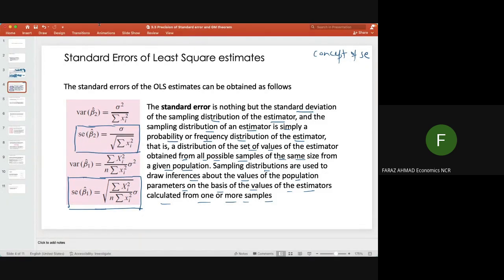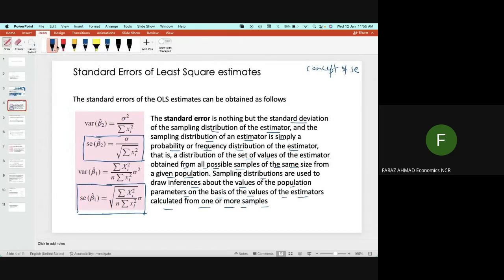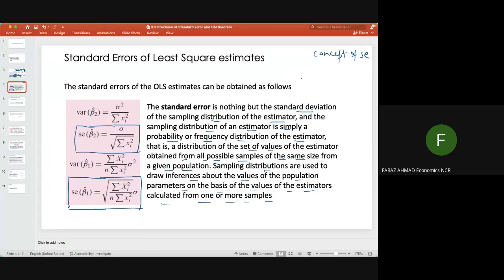So you'll have a lot of betas here, and suppose this is my x-axis and this is the beta 2 hat axis, and I'm having my betas here.